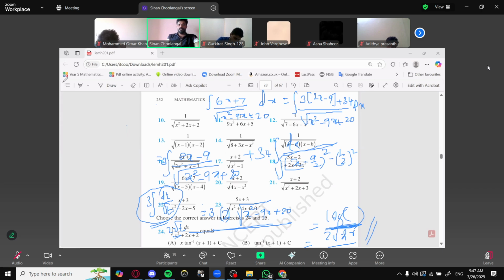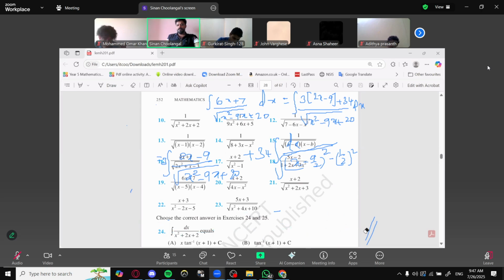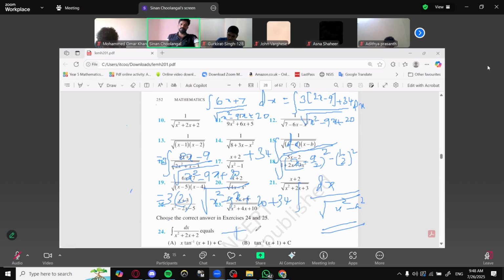So 3 times 2 times root of the denominator. I hope you understood what I'm saying. And then 34 is outside. This you can implement with the formula dx divided by square root of x square minus a square. That's it. That is the answer.